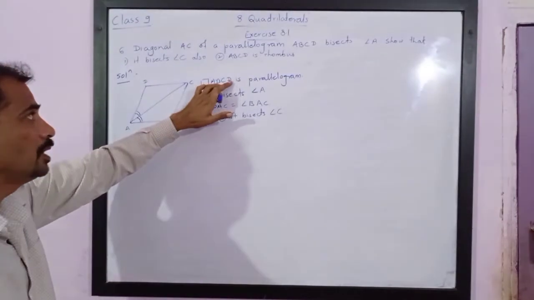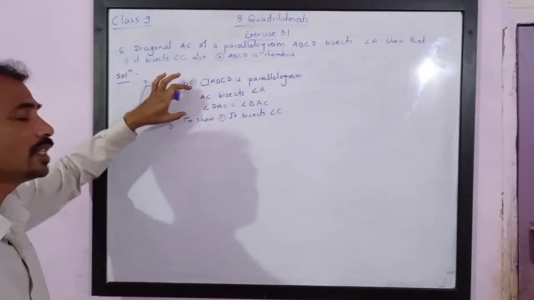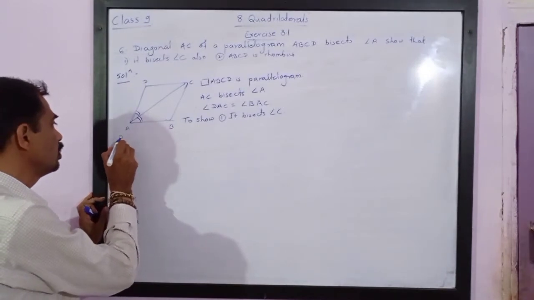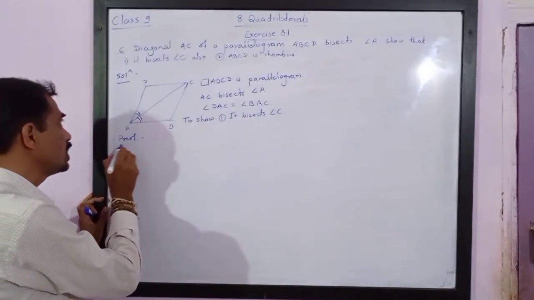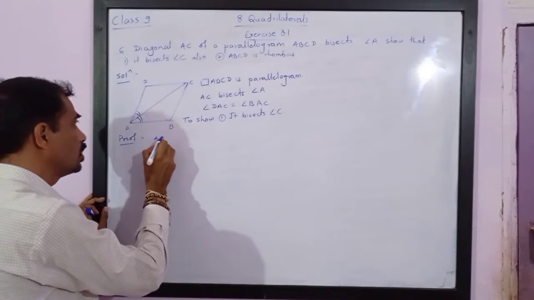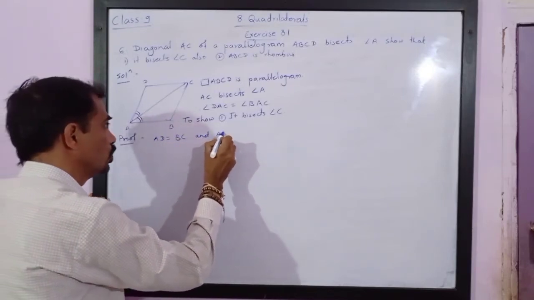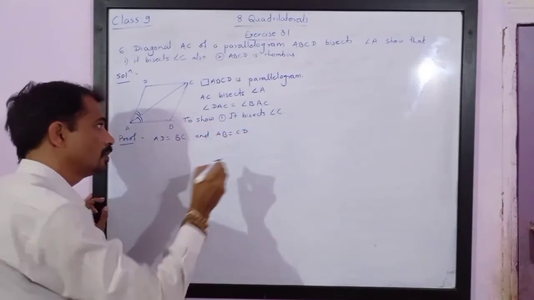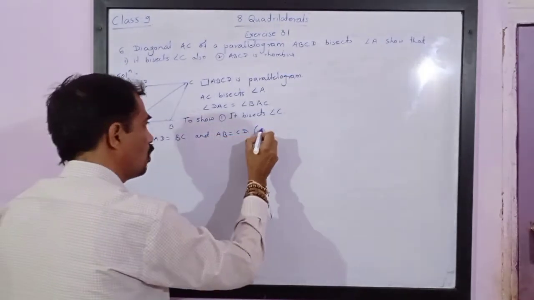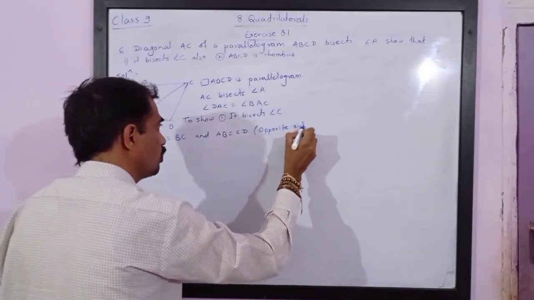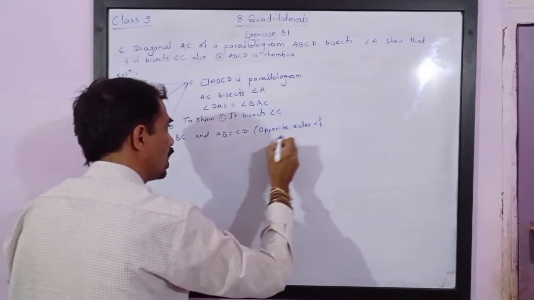As quadrilateral ABCD is a parallelogram, we know opposite sides are equal. It means AD equals BC and AB equals CD. These are opposite sides of parallelogram.